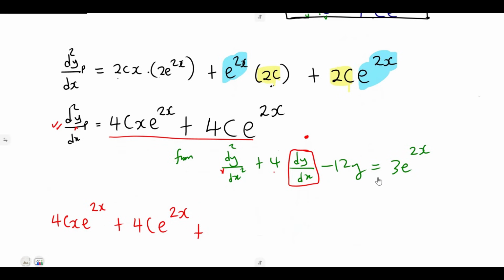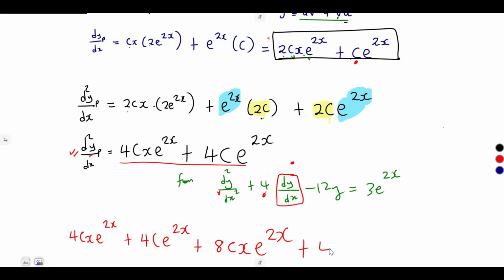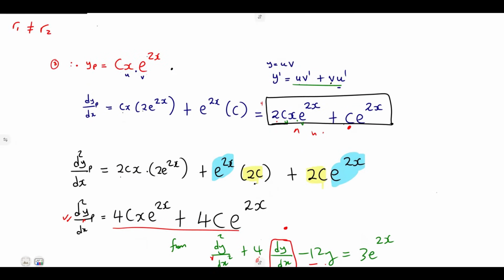Let me reduce, I do not want to have a lot of things here. So let us just multiply. 4 times 2 is 8cx e to the exponent of 2x. 4 times this c gives us 4c e to the exponent of 2x. All right, we are done with our dy/dx. Then it's minus 12y. Remember, y is our yp.